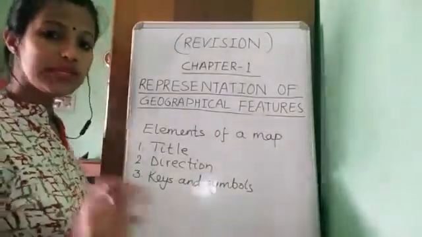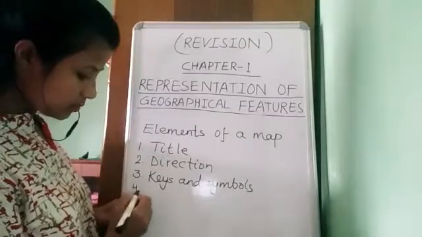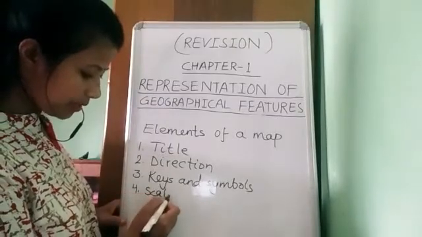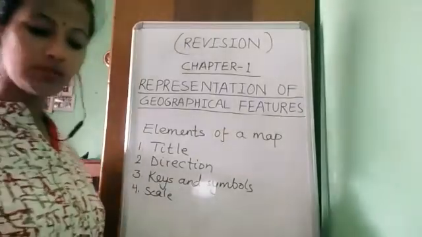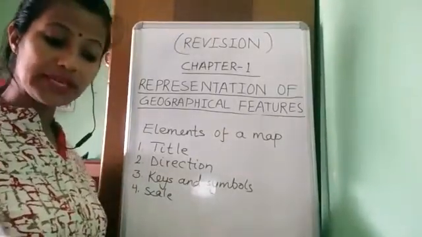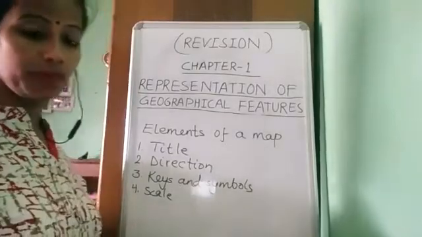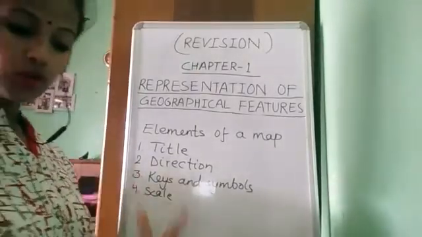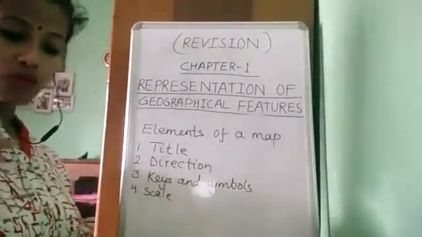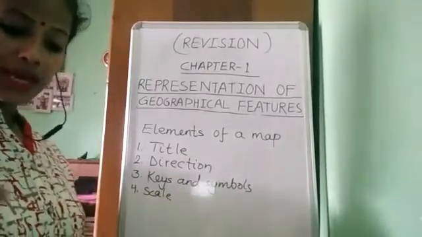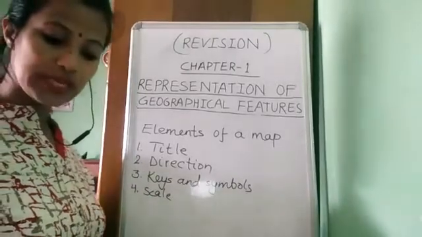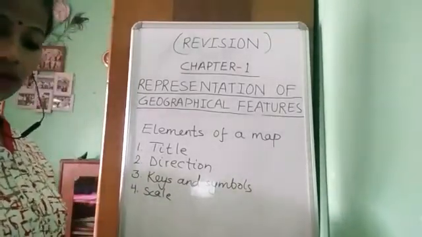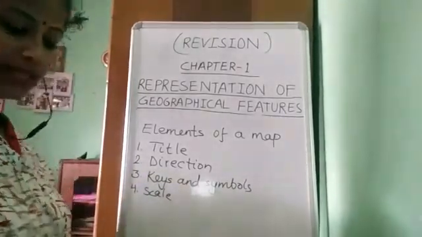Now next one is scale. This is also very important. What is scale? Scale is the ratio between the unit distance on the map and the actual distance on the ground. Now there are two common types of scales. First one is linear scale, which consists of a straight line drawn to scale, which is divided. Here in the book only it is given.